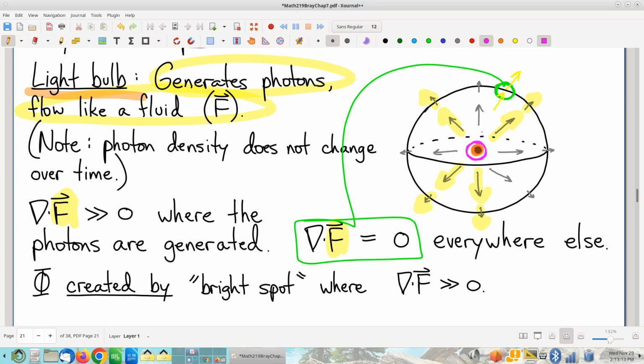Or whatever the bulb equivalent is. So that's why around this general vicinity, the divergence has to be, if you will, huge. It has to be huge because there's a lot of flux over a little bit of volume, so flux per unit volume is tremendous. Everybody happy?